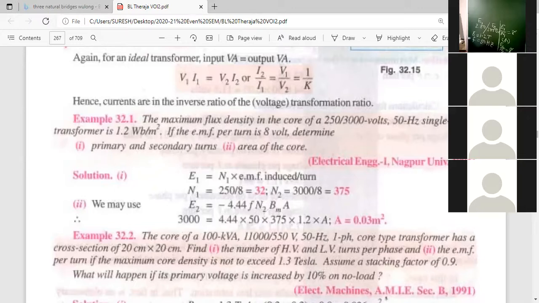And EMF per turn: on the primary side E1 by N1 is equal to 8, secondary side E2 by N2 is equal to 8. Then he is asking us to determine the primary turns, secondary turns and area of the core. That means N1, N2 and A. These three values they are asking.